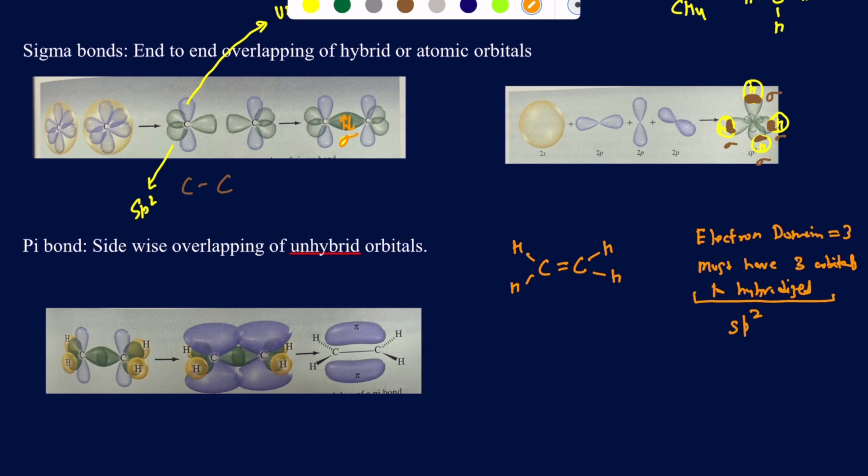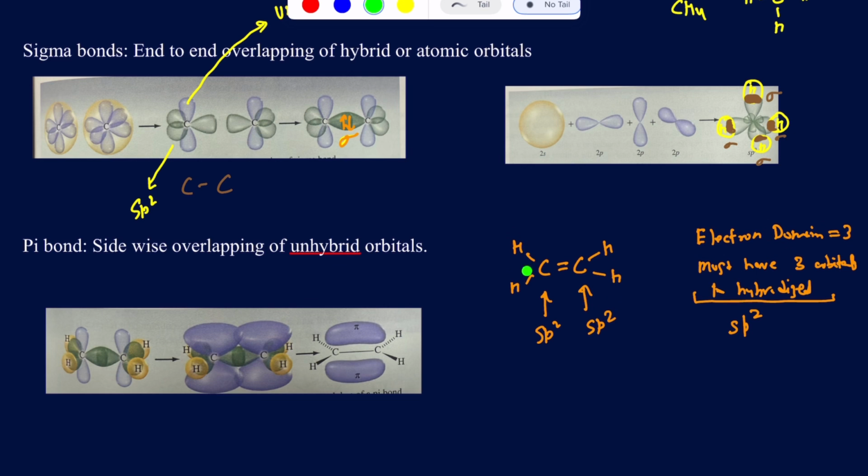So both of these carbons are sp2 hybridized. We explained that here: these three balloon-shaped hybrid orbitals tell you it's an sp2 hybrid, and the p orbital that stays unhybridized on the carbon is just the p orbital.